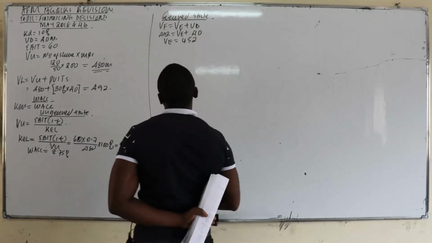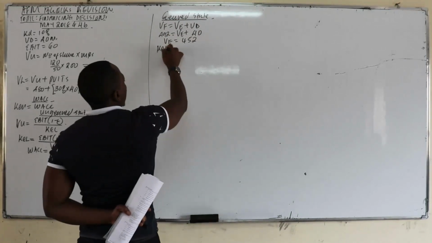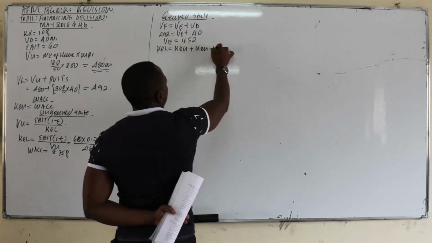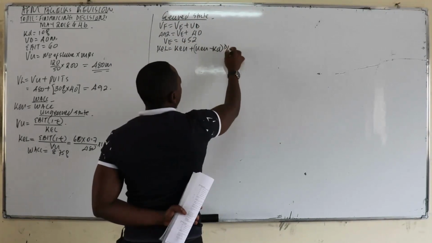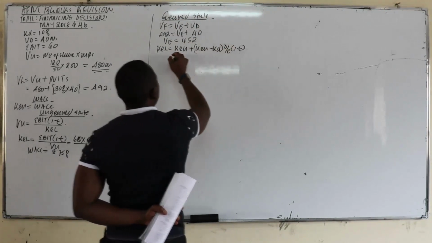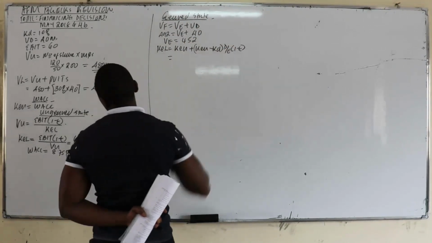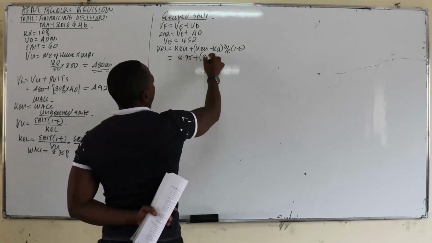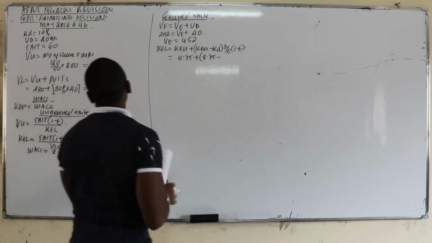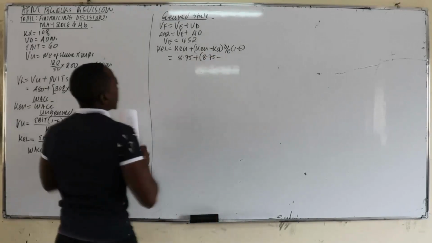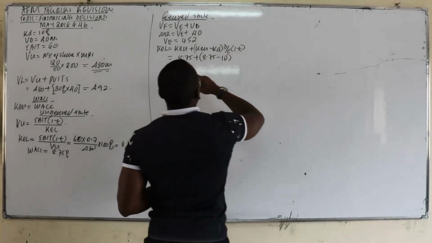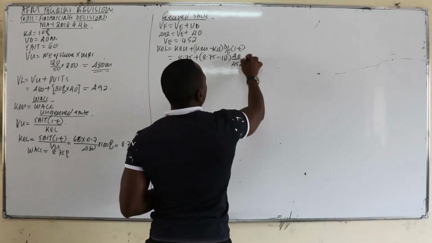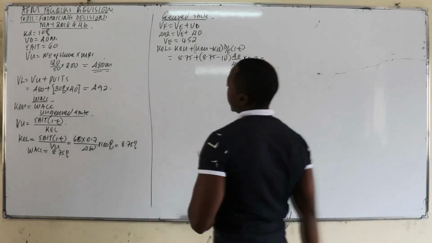That's 452. The cost of equity of the geared firm is the cost of equity of the ungeared firm plus the difference between the cost of equity of the ungeared firm and the cost of the debt, times debt over equity, times 1 minus T. The cost of equity of the ungeared firm is 8.75. You minus the cost of the debt, which is 10, times debt over equity. Debt is 40, the value of equity is 452, and 1 minus T is 0.7.